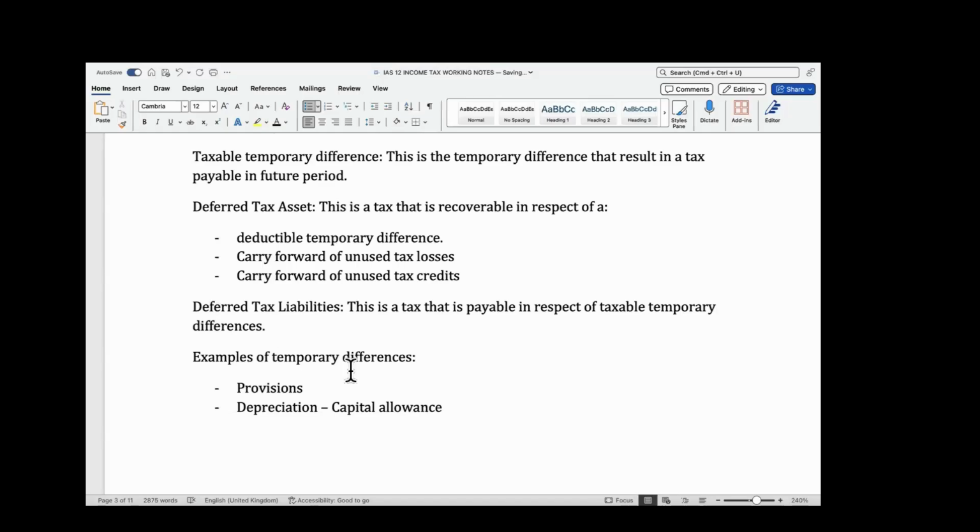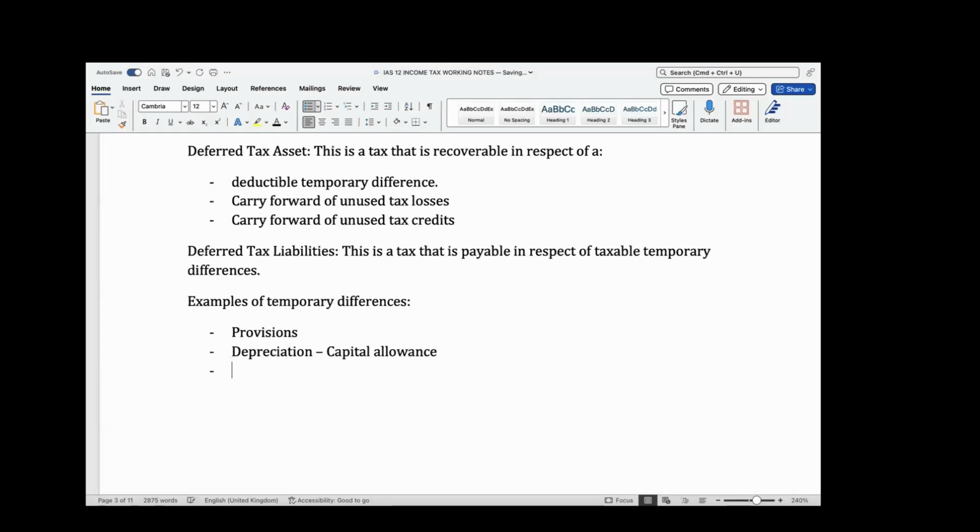Another one is revaluation surplus. When you put revaluation surplus in your books, the taxman will not capture it. They will capture it when you actually earn it. That is when the taxman would capture it. So there will be a temporary difference between when you put it in your books and when the taxman will want to capture it. Another one is impairment loss.